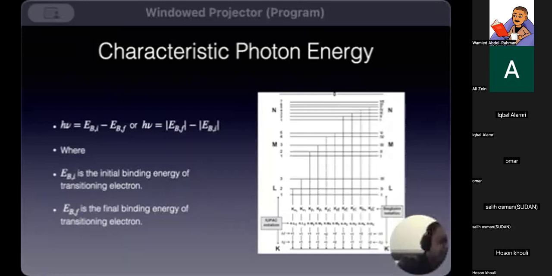We'll put minus 3.4 electron volts, and the final binding energy of the electron will be minus 13.6. So minus and minus will become a positive value. So it will be 13.6 minus 3.4. Or we can just take the absolute values, but we'll put the final minus the initial.